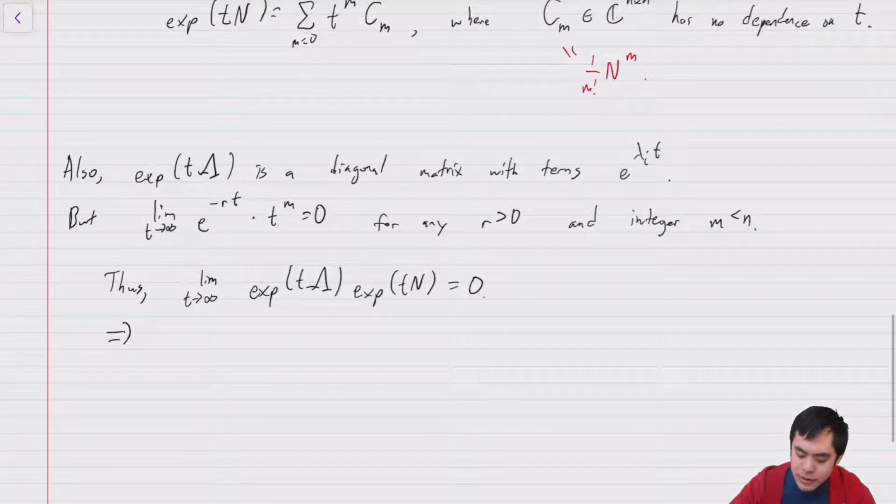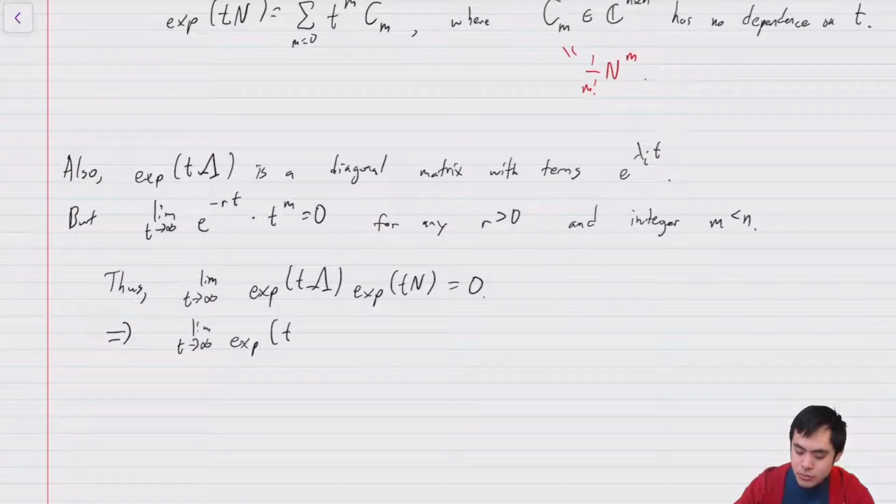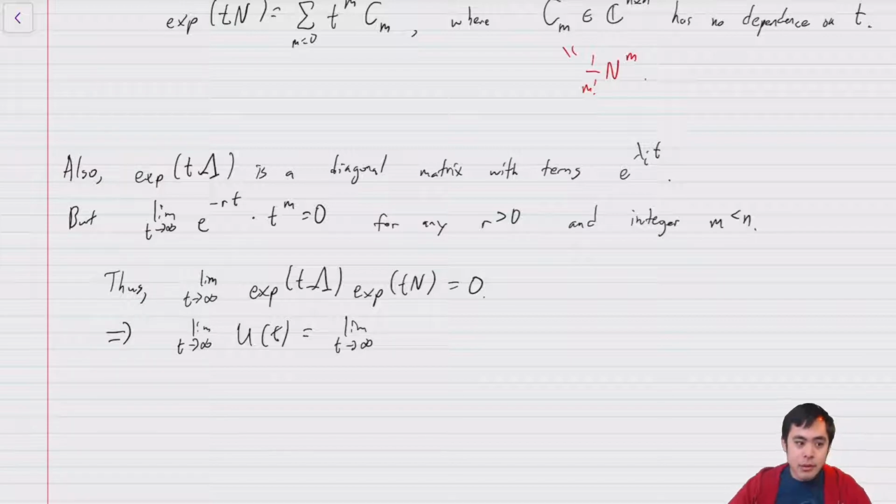Which implies that the limit as t goes to infinity of the exponent of u of t, which is equal to the limit as t goes to infinity of the exponent of tj of x bar times u naught, is also equal to 0.